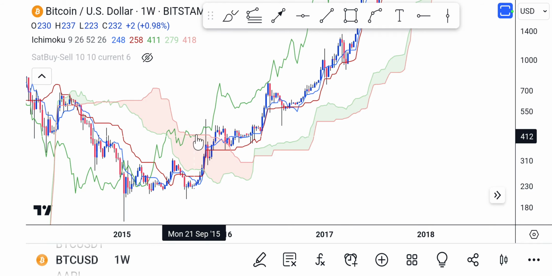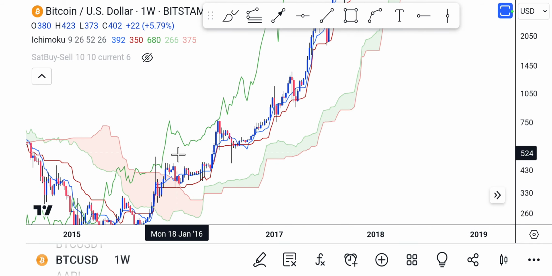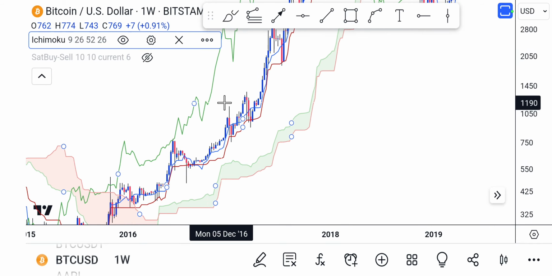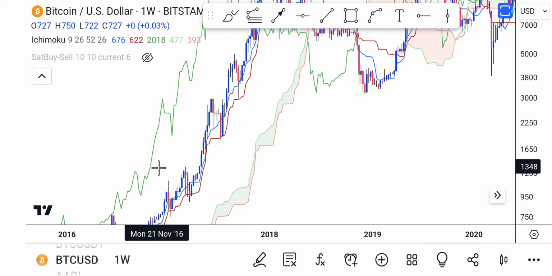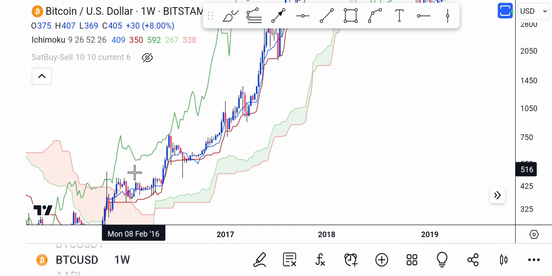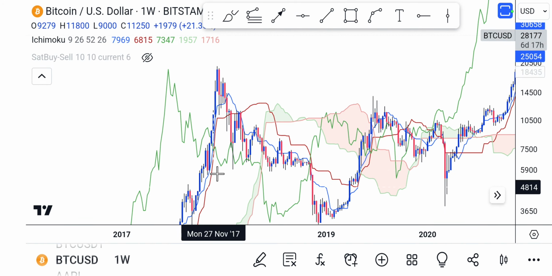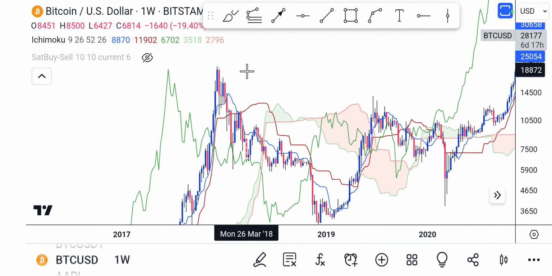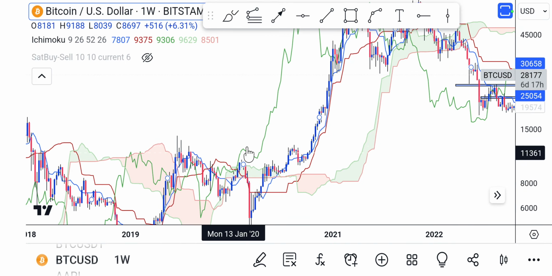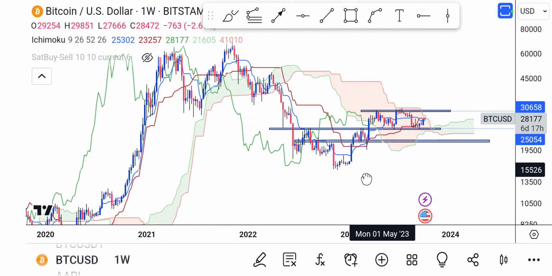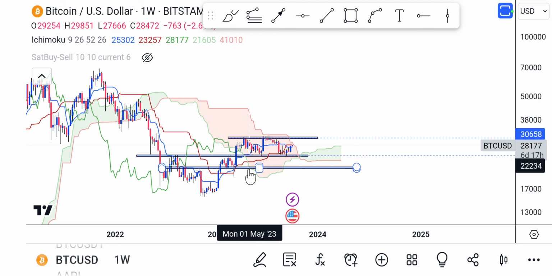When it went higher above the cloud, you can see how it continued to stay above everything else, and it made that high from as low as 449 US dollars to as high as 18k. So we're gradually setting into that move, but we still need all this setup to be completed.